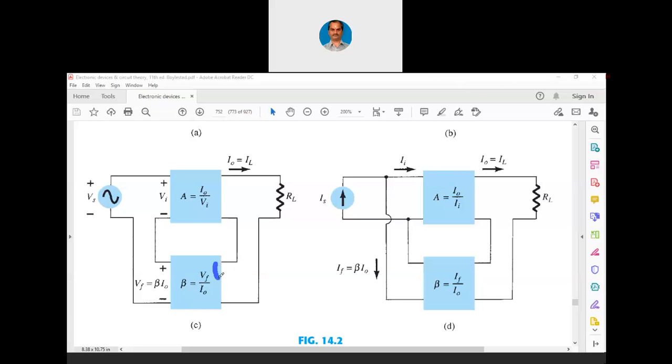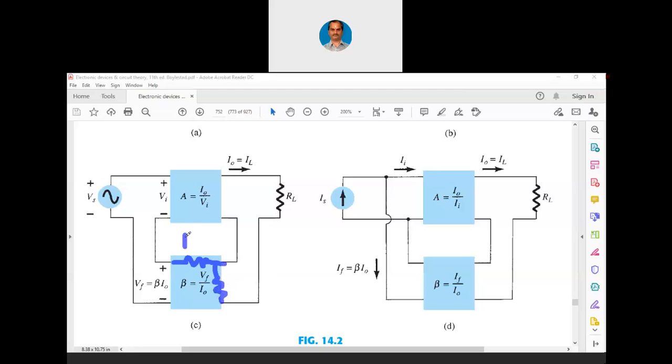You can visualize a resistor here, and you can also visualize a resistor here. Obviously, this resistance has to be of lesser value.